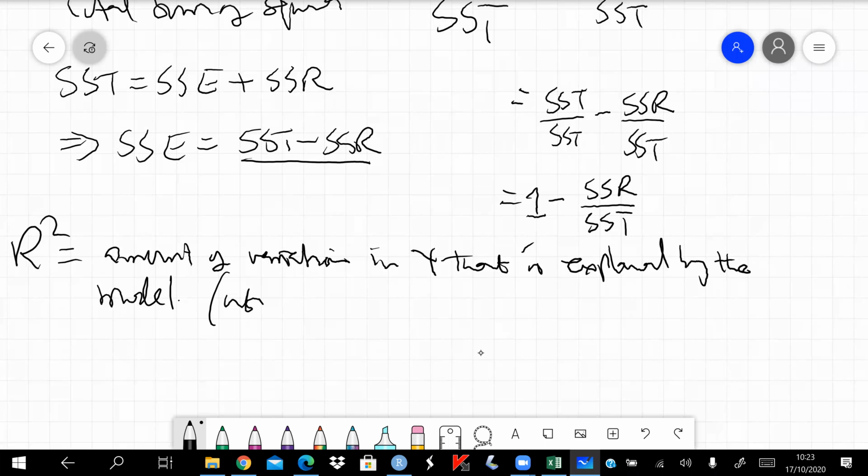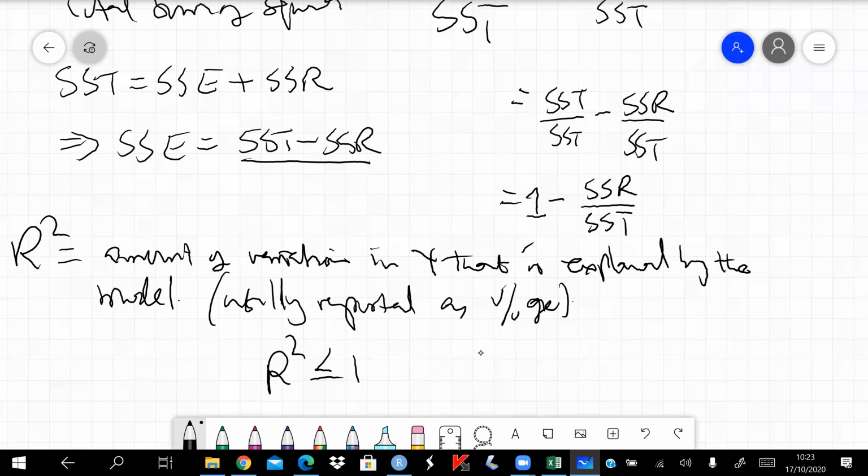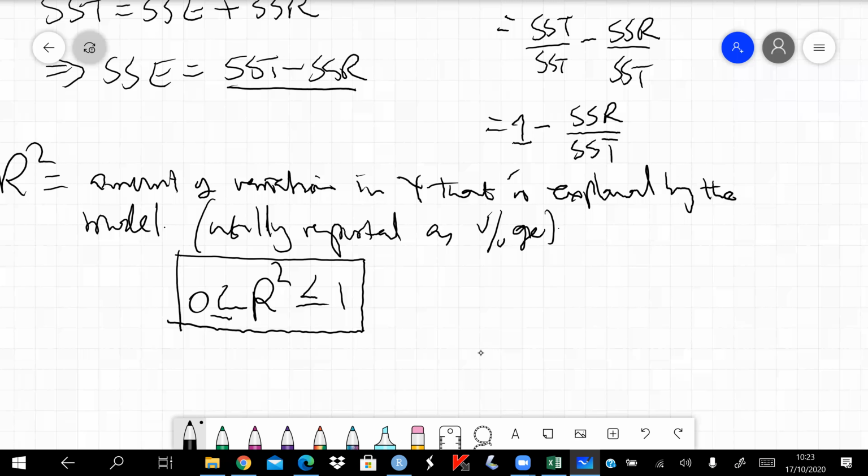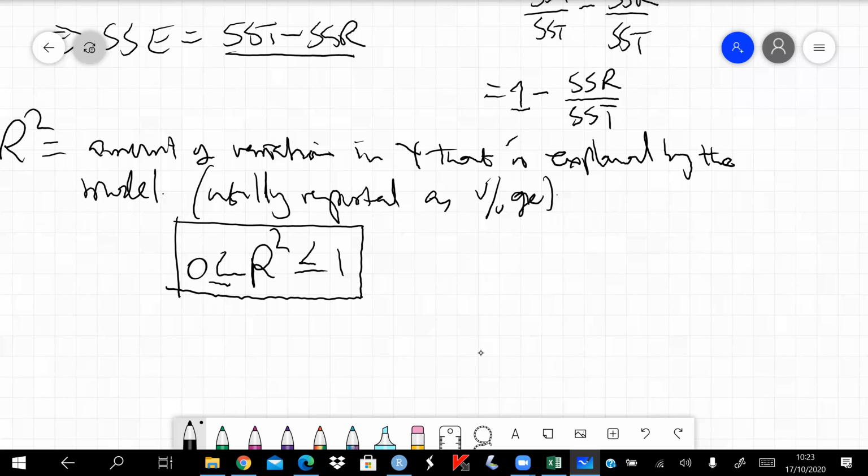And this is usually reported as a percentage. Usually R squared is a number between 0 and 1. So when your R squared is equal to 1, it means that you have a perfect fit.